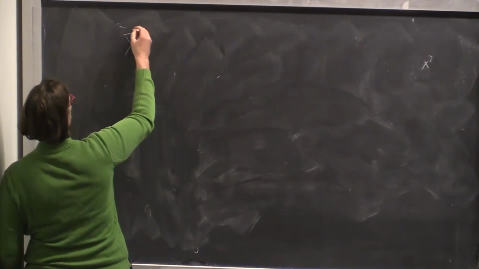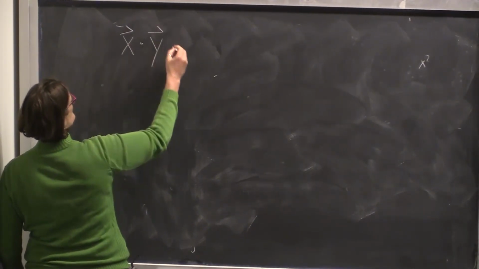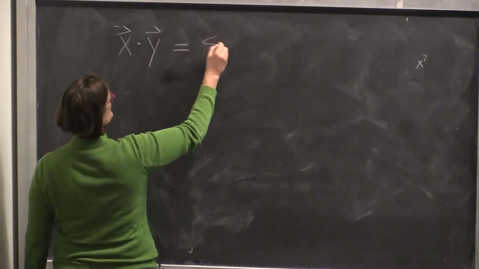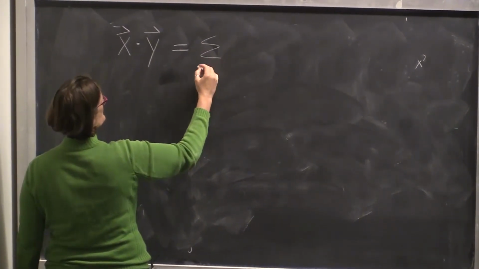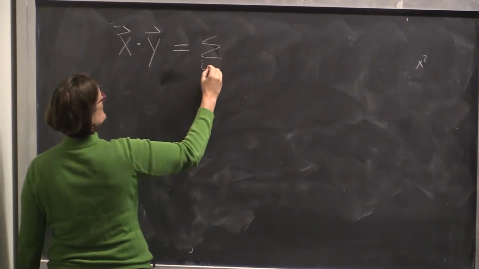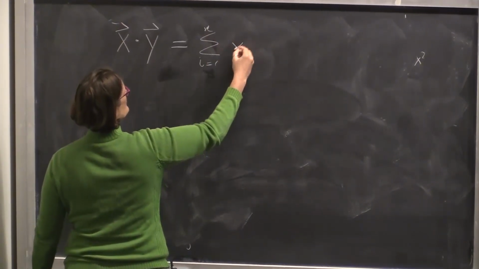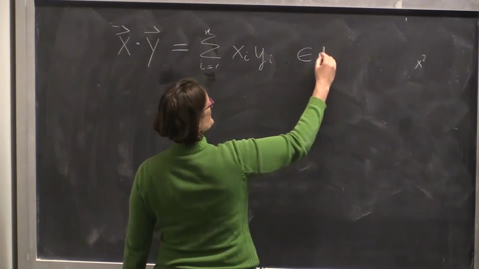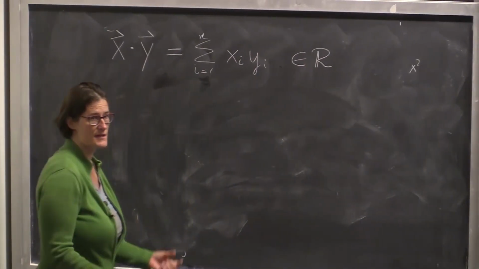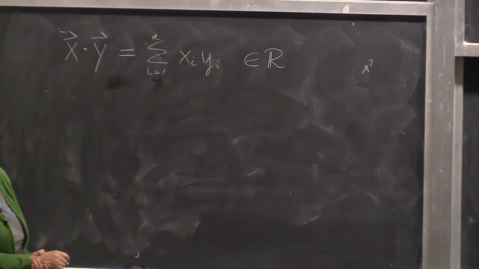The dot product of the two vectors is equal to the sum of the products of the components, i equals 1 to n, x_i y_i. So this is a real number. The dot product takes two vectors and gives you a real number.